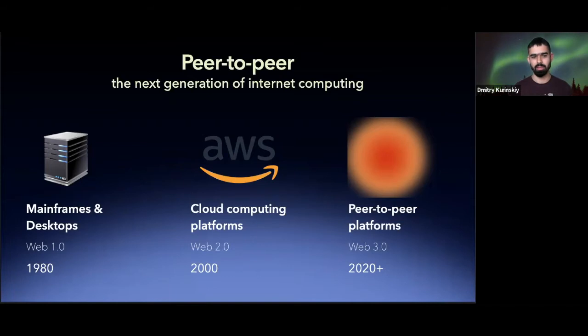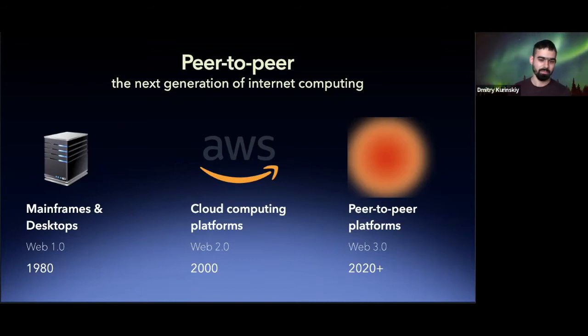So around 20 years ago, we approached Web2 with cloud computing platforms, and all the mindset, all the setup, all the tooling around that evolved to use it efficiently. And we have a lot of products like the one that we're using right now, which emerges from this setup.